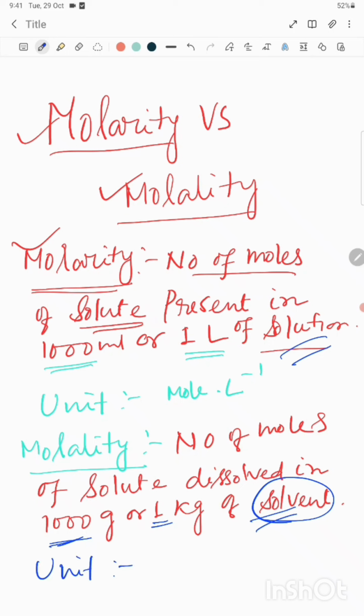Its unit will be mole per kg. Now these are the two definitions. We have to clear our concept. For that reason, I will take a very simple example so that it will be clear for you. Using a common example, we will discuss both molarity and molality.